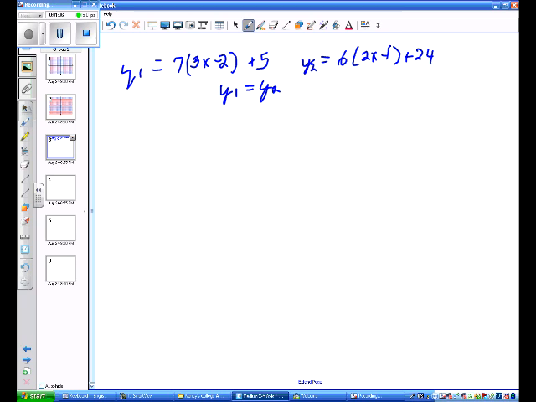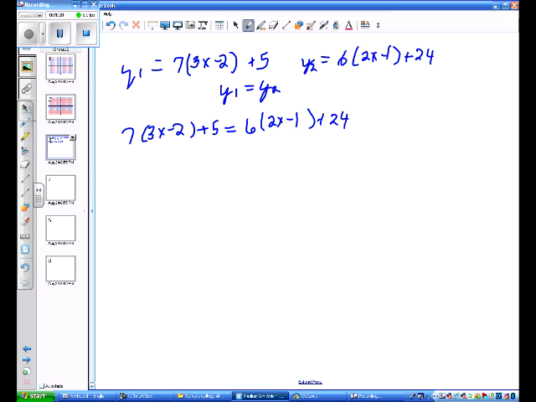Well, one way to do this is simply to set your two equations equal to each other. So 7 times (3x minus 2) plus 5 is equal to 6 times (2x minus 1) plus 24.